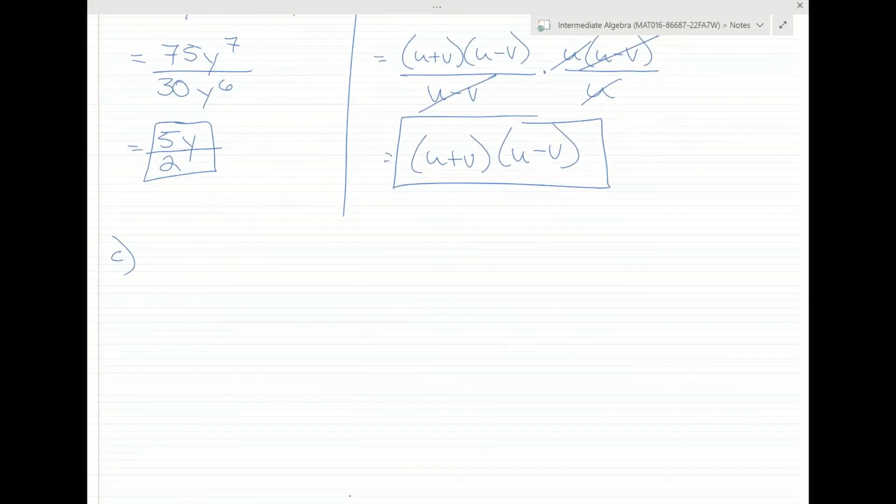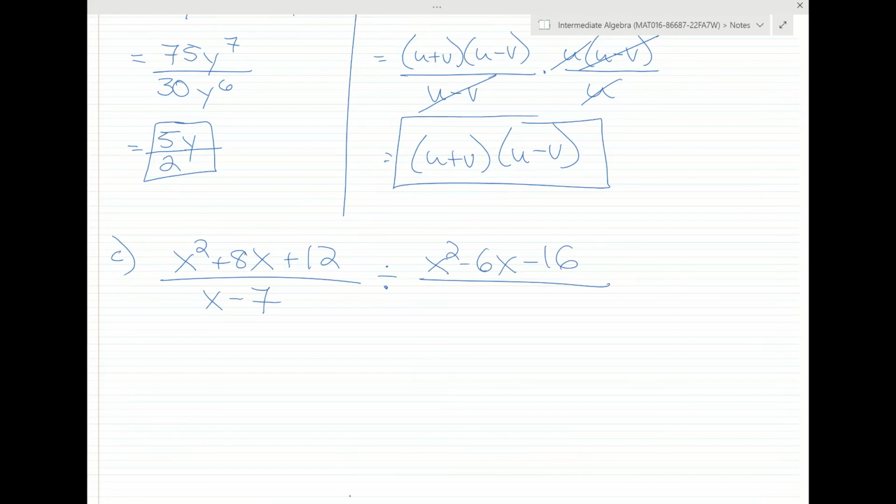What if we had a problem where it's, let's say, x squared plus 8x plus 12 divided by x minus 7. And then we're going to divide that by x squared minus 6x minus 16 divided by x minus 7.